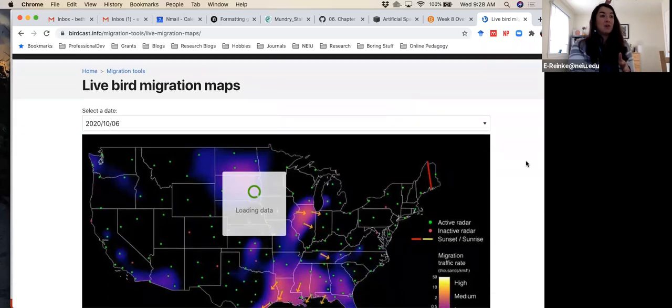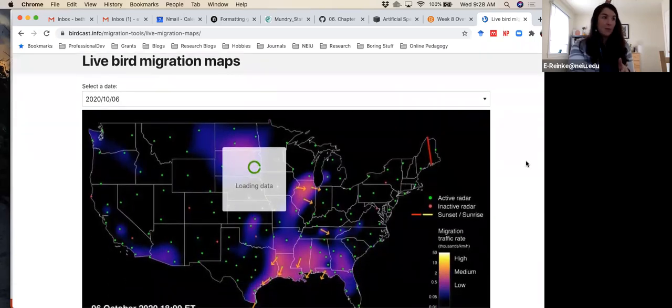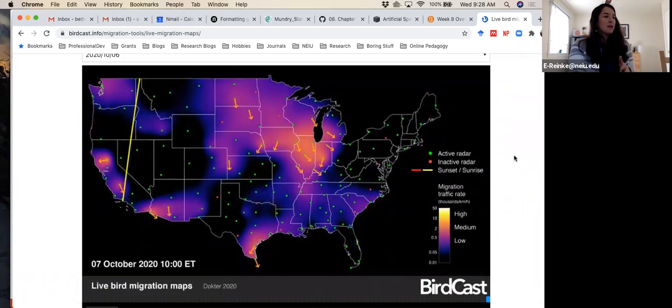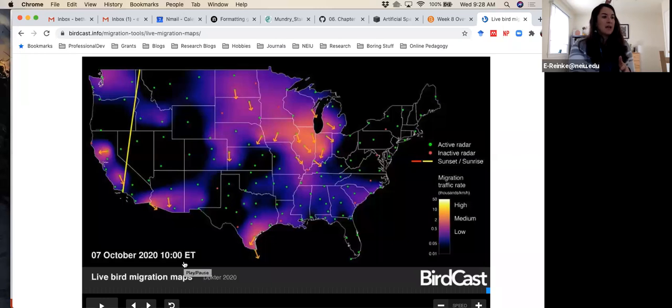So they also have this live bird migration map, where the green spots are where they're actively monitoring. So today, the 7th, this is at 10 a.m. Eastern time. This is what the radar is seeing. So even though it's morning right now, there's still some migration happening, like a medium amount of it here in Chicago.